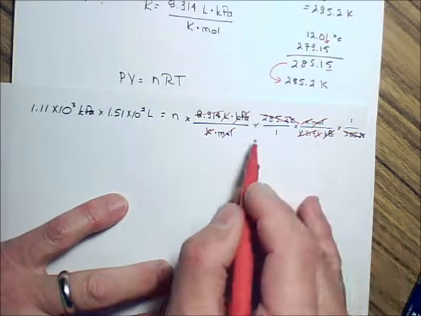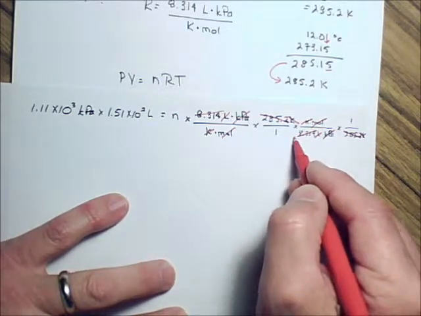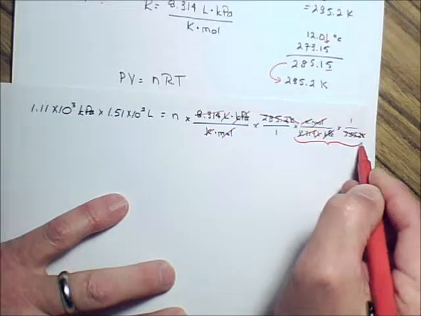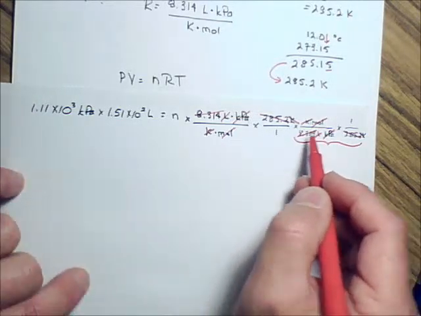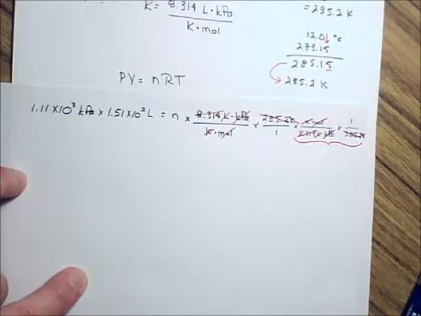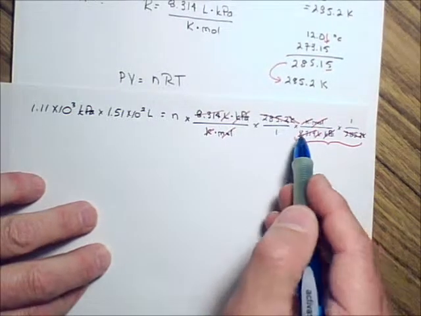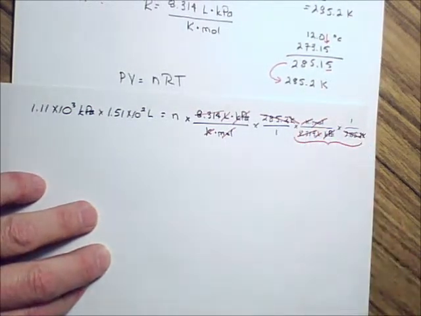All that's canceled. But I added this to the equation over here, and whatever I do to this side of the equation, I must do to the other side. So I've got to go to the other side and multiply by these same two fractions.